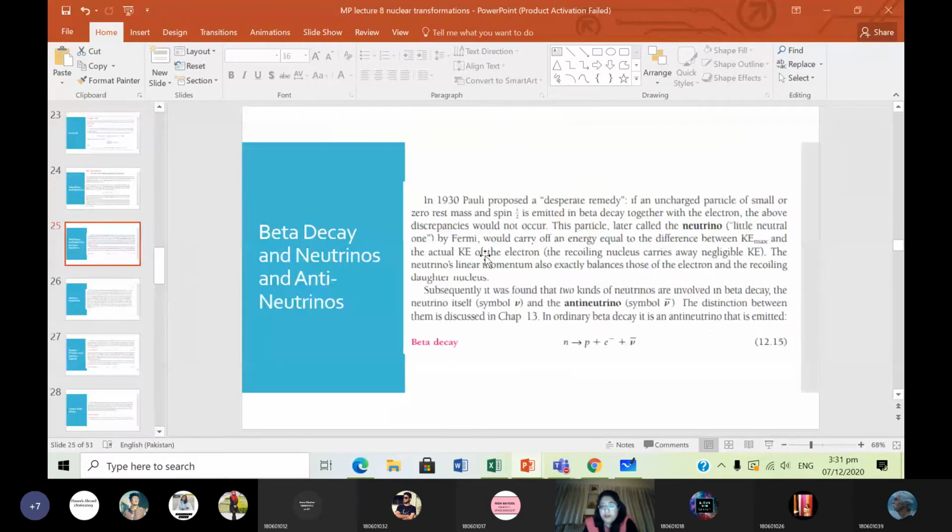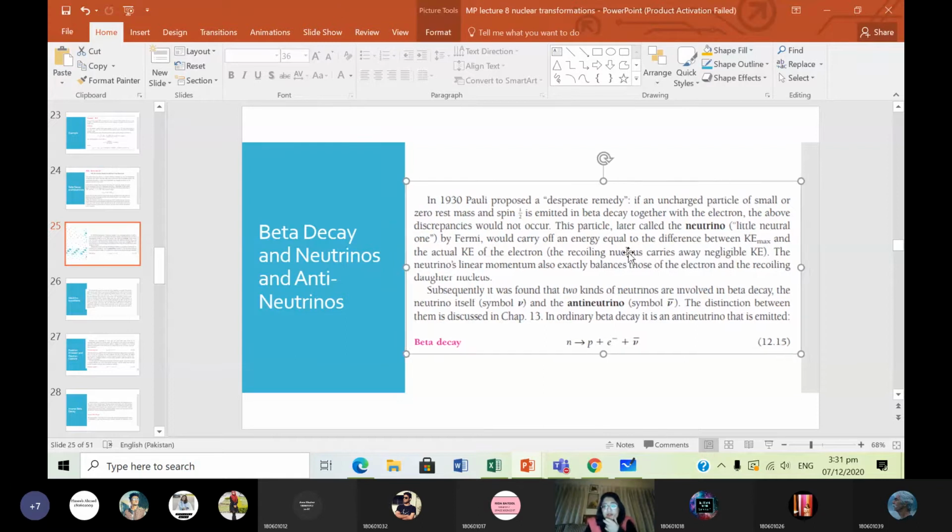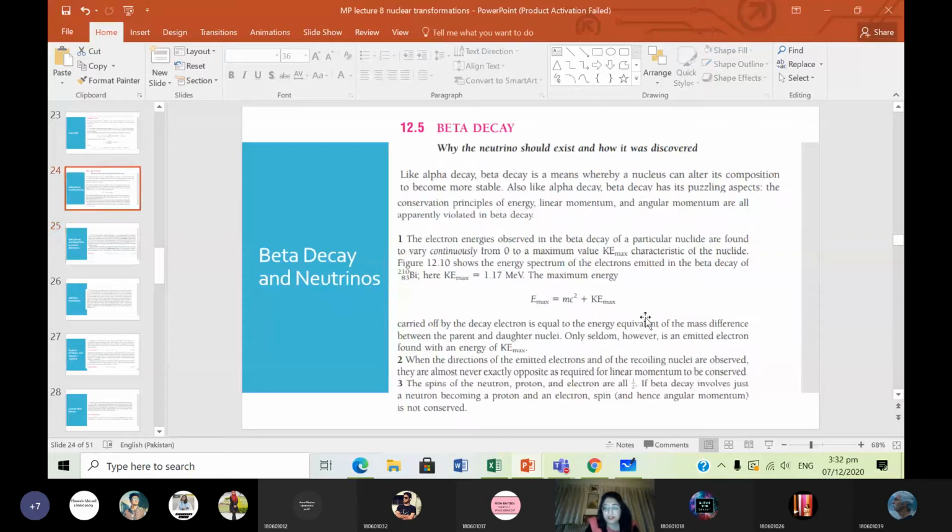So this particle Pauli called it the neutrino, little neutral one, because it does not have any charge, okay? They do not have any charge, and it would carry off energy equivalent to the difference between the kinetic energy maximum and the actual kinetic energy of the electron. So as I said before over here, also I mentioned that seldom are the emitted electrons found with the maximum kinetic energy that they should have.